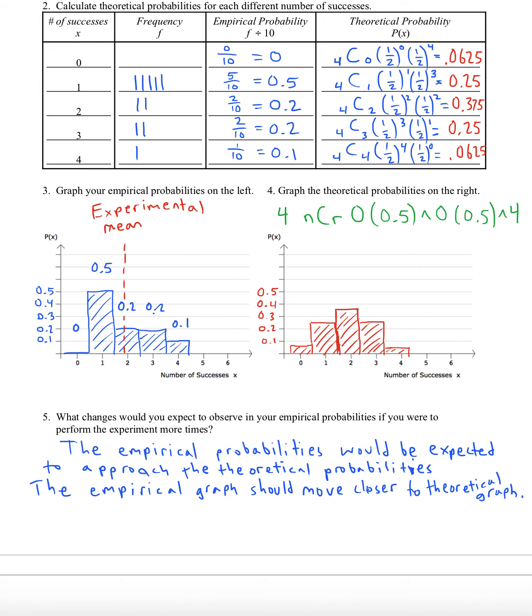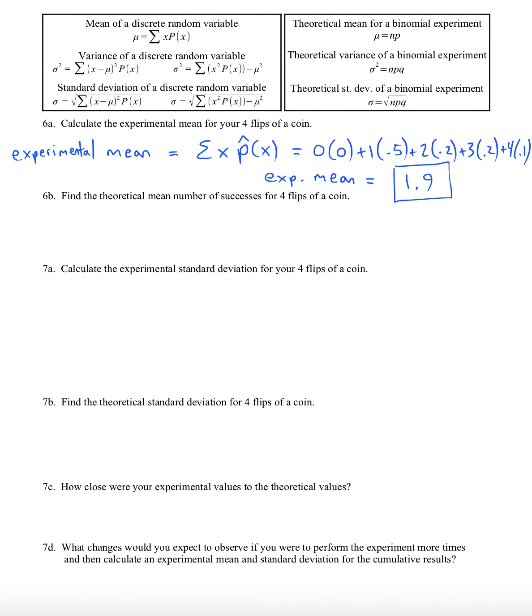But now we want to find the theoretical mean. And that has its own formula. Mu equals np. Notice it uses p, not p hat, because p is the true probability of success. We flipped the coin 4 times with a true theoretical probability of success of 1/2. So the actual mean is expected to be 2.